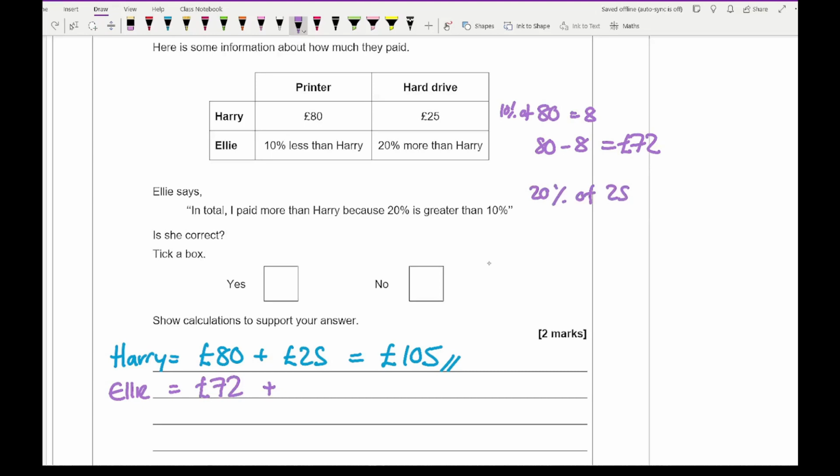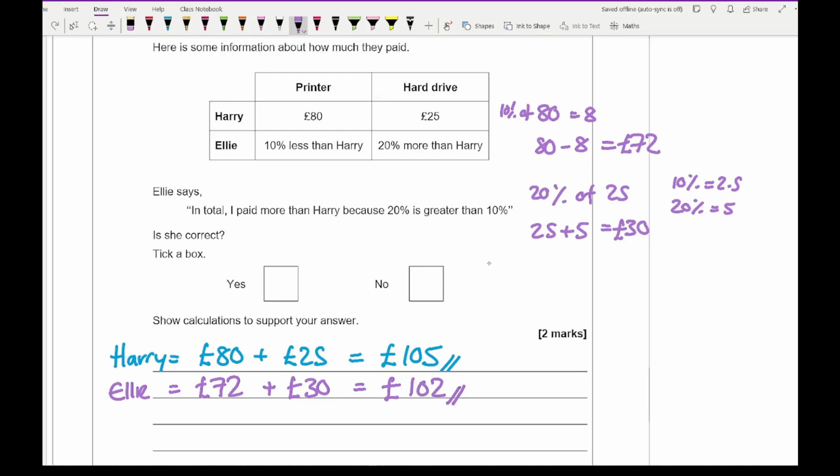Well, 10% is 2.5, so then 20% is going to equal 5, so that's going to be 25 plus 5, which is £30. So if we then add those up, we get that Ellie paid a total of £102.